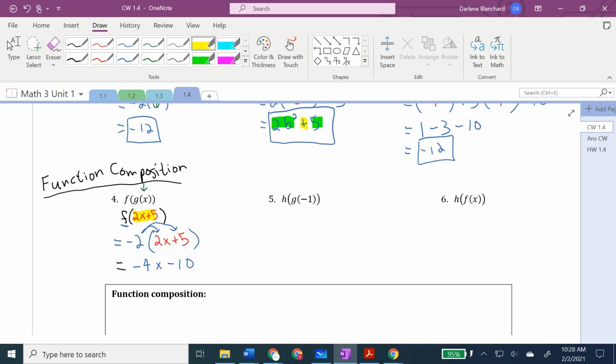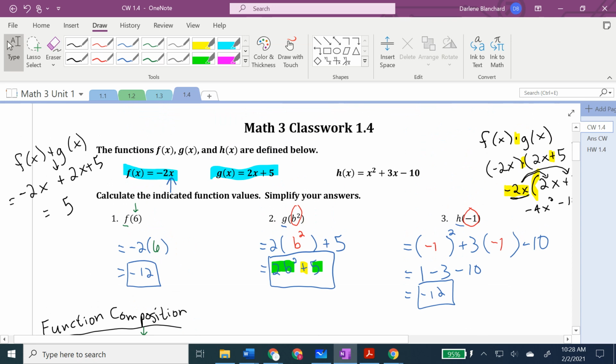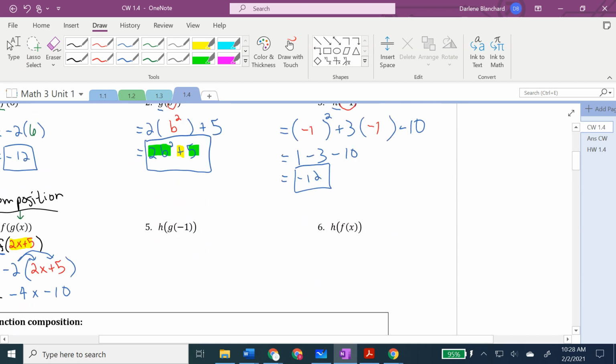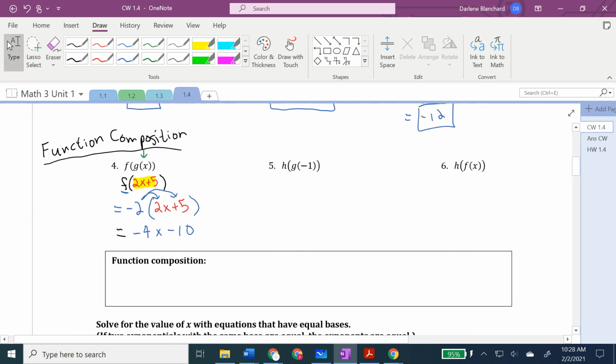The fact that you had to distribute multiplication over addition was the same, but that was more coincidence than anything. So I'm just trying to make sure you're understanding the difference between what this notation is asking you to do versus what does it mean if it's asking you to add them? What does it mean if it's asking you to multiply them? Okay, let's look at the next one.